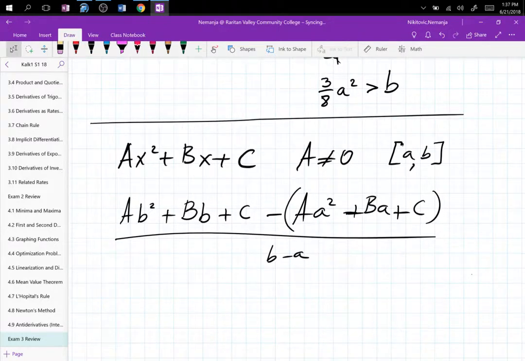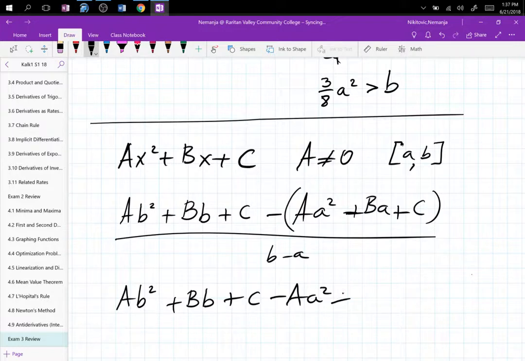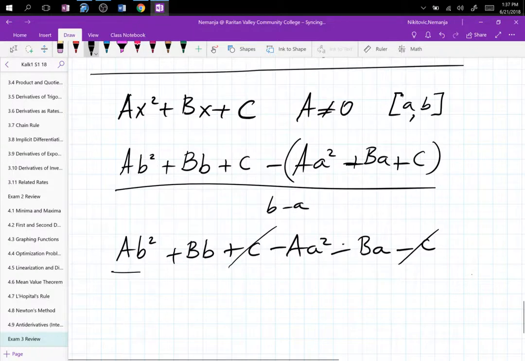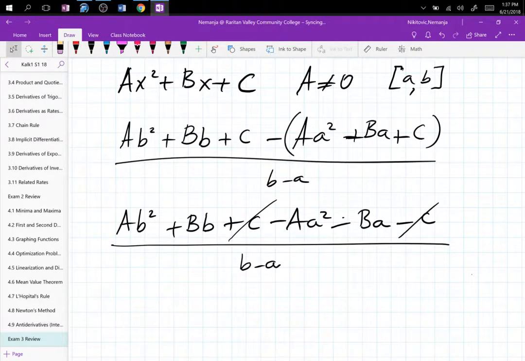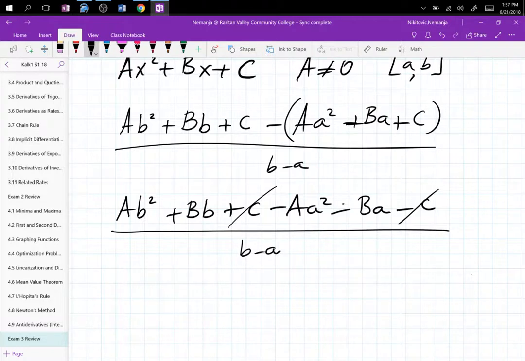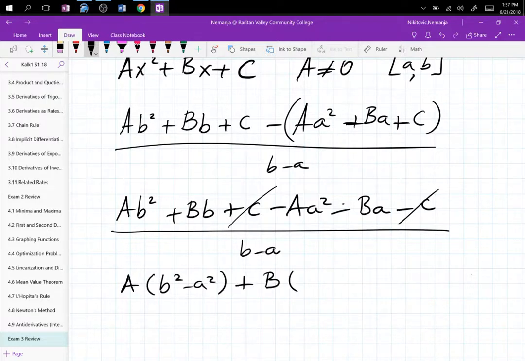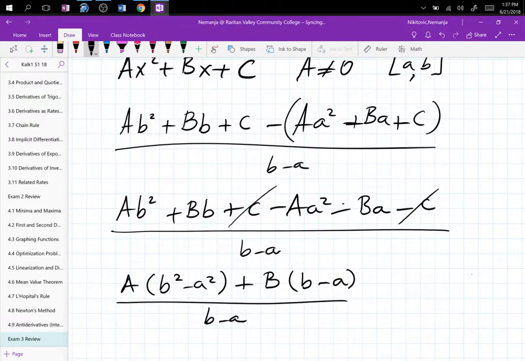So just plug stuff in, and now you have a b squared plus b b plus c minus a squared plus minus b a minus c, c is gone, divided by b minus a. And we can factor out capital A, which gives us b squared minus a squared, plus factor out b, which gives us b minus a, divided by b minus a.